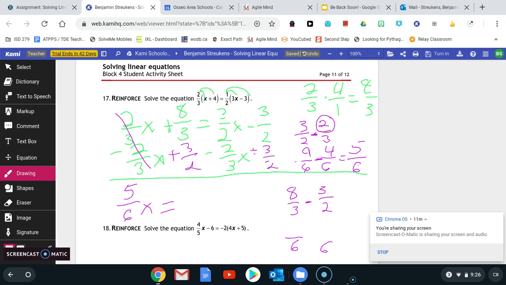So I multiply 3 by 2 to get to 6, so I'd have to multiply 8 by 2. So I get 16 minus. And then I multiply 2 by 3 to get to 6, so 3 by 3 gives me 9. So 16 minus 9 gives me 7. And then 7 over 6.